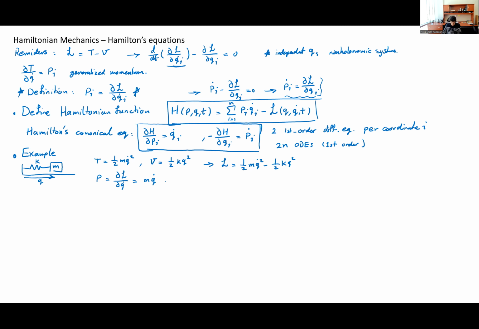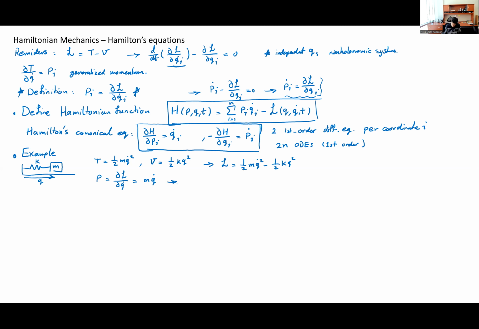So that's good. But maybe the tricky part is here. Remember this Hamiltonian. You need to write the Hamiltonian, although this is the definition. The Hamiltonian in general is only a function of p's and q's. So wherever I see q dot, I have to convert it to something in terms of p and q.